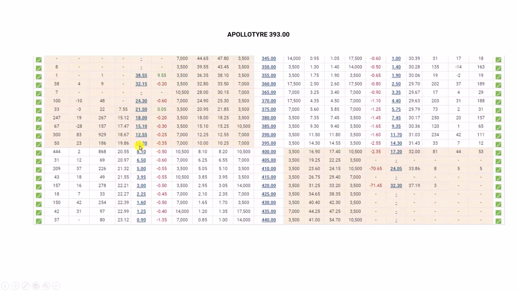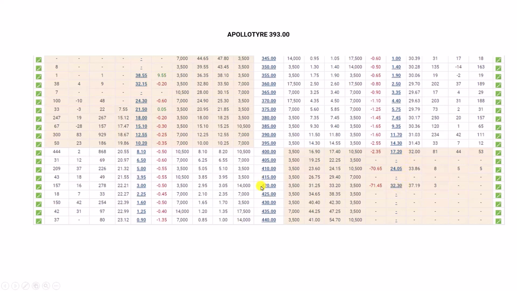Okay, so here you can see it. For 395 we have 10.2 rupees, for 390 we have 12, 385 we have 15, and so on. You can see the premium goes on increasing as we go in the money or as the strike price decreases. And in the same way, for put option, as the strike price increases, the premium increases.